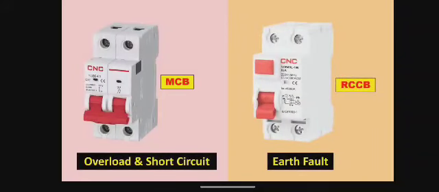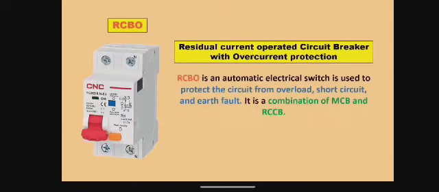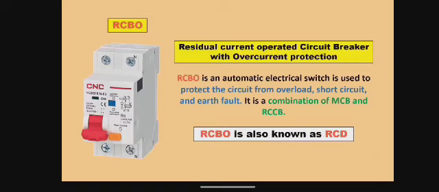But if you don't want to use two different devices, and instead want all three protections from only one device, then you have to buy an RCBO. So through an RCBO you will get overload, short circuit and earth fault protection. This RCBO is also known as RCD. Many people have a doubt that RCBO and RCD are different devices, but it is not like that. This RCBO is also known as RCD.